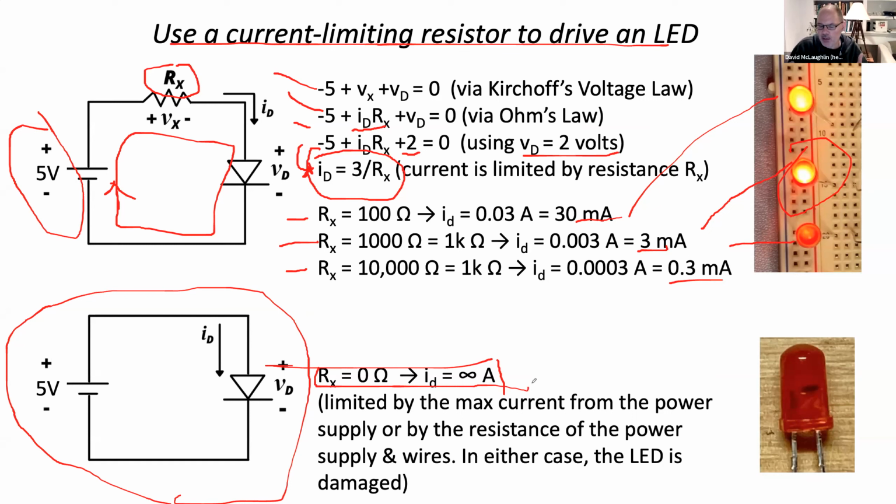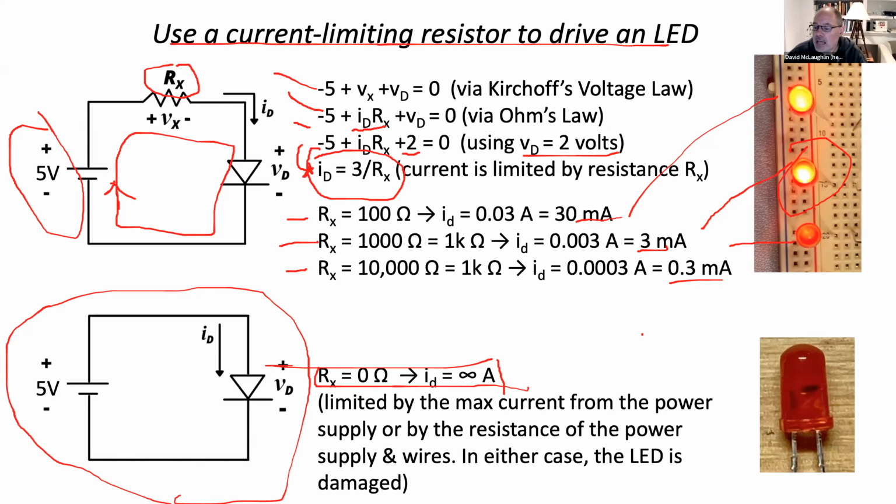So the actual current through your LED would be limited by a variety of things: the maximum current from the power supply, small resistance in the power supply, or small resistance in the wires. But in either case, you're going to damage the LED. That's why I consider it to be engineering malpractice to ever build a circuit that had an LED but didn't have a resistor.